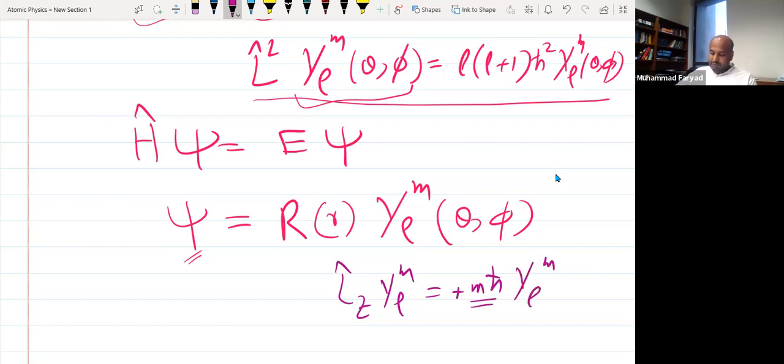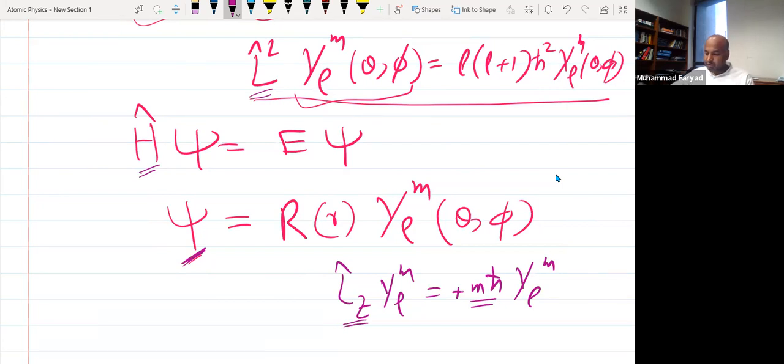So it means that this wave function psi is an eigenfunction of the Hamiltonian operator. It's the eigenfunction of the angular momentum square operator, and it's the eigenfunction of the z component of the angular momentum operator.